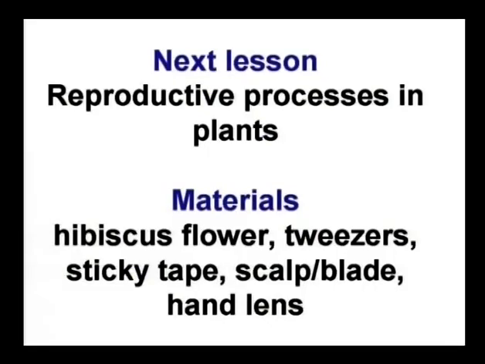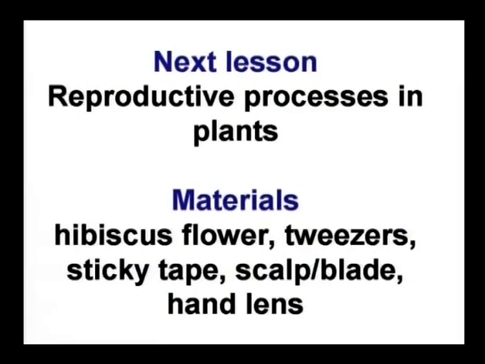Our next lesson will be on the reproductive processes in plants, and the materials needed for that lesson, class, you will have to bring hibiscus flowers, tweezers, sticky tape, scalpel or blade, and hand lens. Okay, so for the students, you can bring a hibiscus flower and a blade. For the teacher, you can provide tweezers, sticky tape, and hand lens.